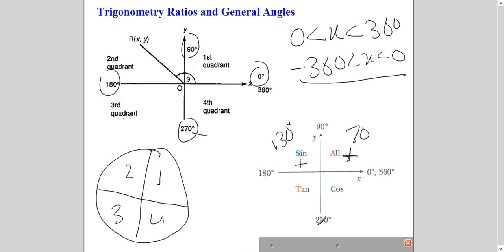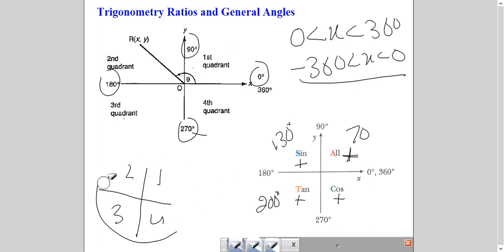Similarly, between 180 and 270, pick any angle, for example, 200, and substitute sine 200, cos 200, tan 200. Only tan will be positive. And similarly here, only cos. So that's why it is usually remembered by ASTC. And this application we will see when we solve equations.